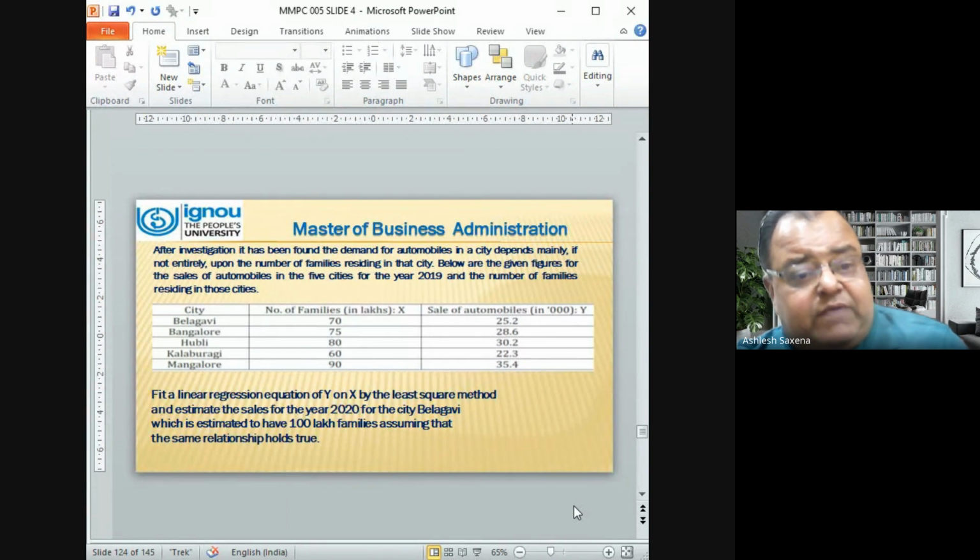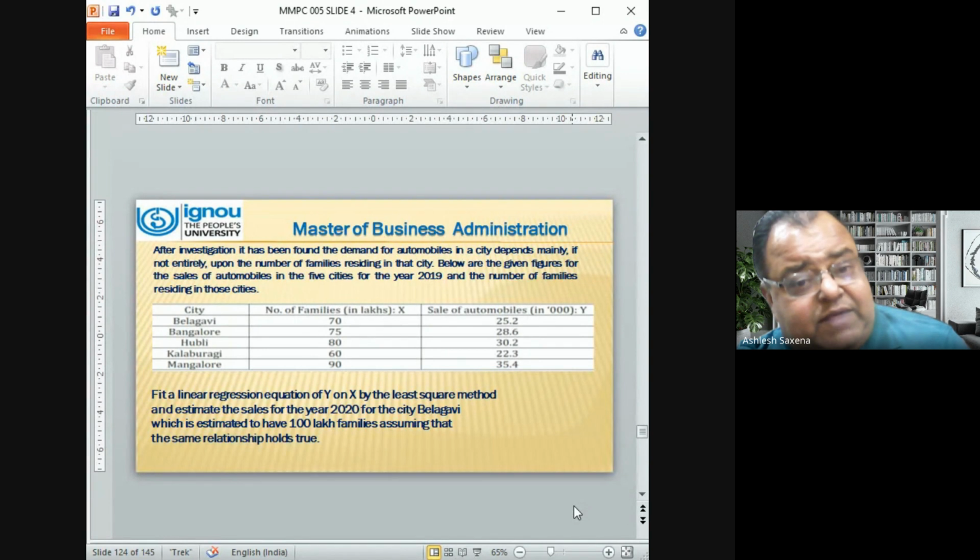We have Belagavi, Bangalore, Hubli, Kalaburagi, Mangalore, and the number of families in lakhs is 70, 75, 80, 60, and 90. And we have the sales for automobiles in thousands, that is 25.2, 28.6, 30.2, 22.3, 35.5. Now, from this data, fit a linear regression equation of y on x by the least square method and estimate the sales for the year 2020.